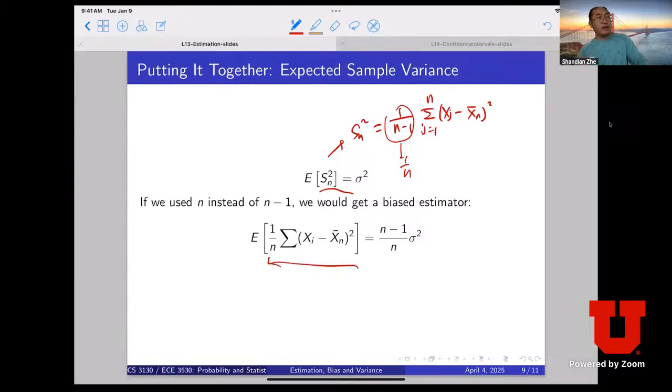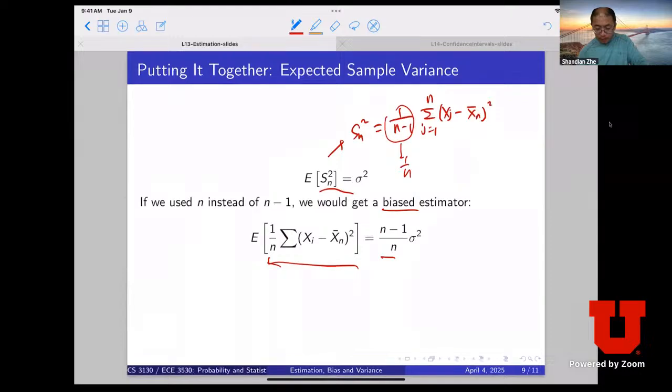If I look at the expectation, you will see that it is n minus 1 over n times sigma squared. So this is actually a biased estimator because it's not exactly the same as the ground truth. Does it make sense? And it's very easy to show this.